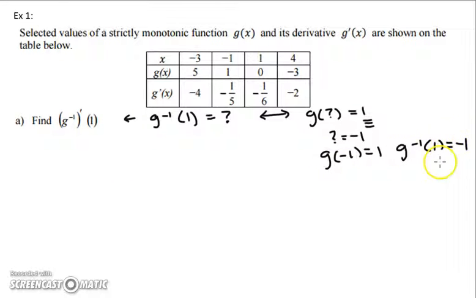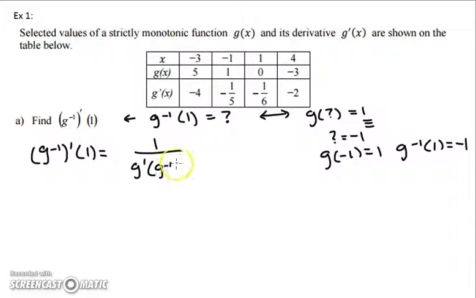And why that's important is our rule for the inverse function. The derivative of g inverse at 1 is going to be equal to 1 over g prime of g inverse of 1. Well, we just figured out that g inverse of 1 is -1.